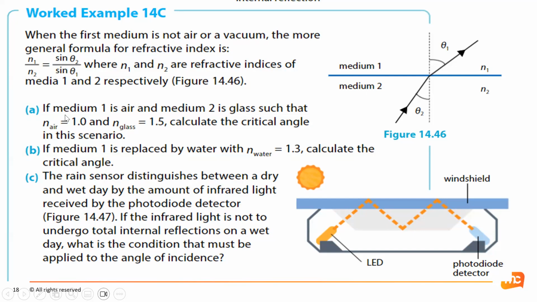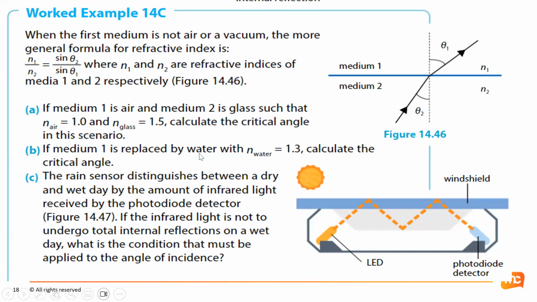Take a look at the first question. If medium 1 is air and medium 2 is glass, the refractive index of air is very close to vacuum, which is 1. Refractive index of glass is 1.5. What is the critical angle?